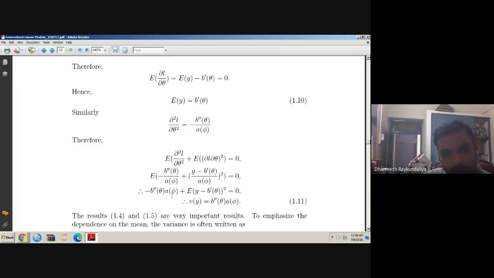Just substitute it, do simple mathematics, and you will get the variance of y equal to b double dash theta a phi. So here the mean of y is b dash theta and the variance of y is b double dash theta a phi. So if I ask what is the mean and variance of the exponential family of distribution?